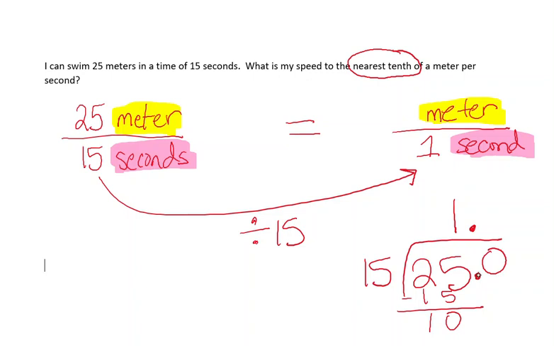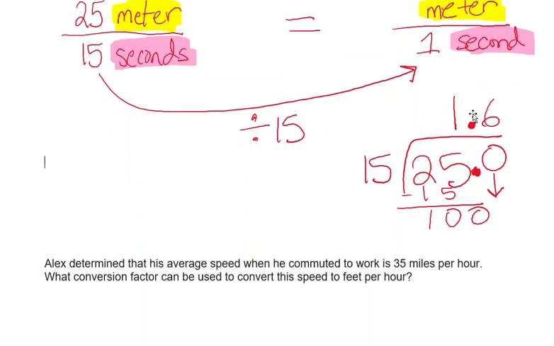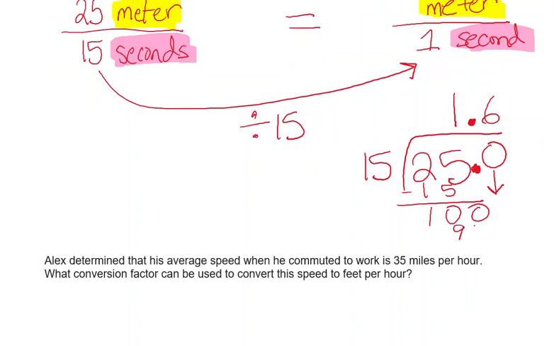So I'm going to add a decimal in both my quotient and my dividend, and then a 0 to bring down my 0. 15 divides into 100 6 times. 15 times 6 is 90. Subtract 10. Bring down another 0. I get 100 again. So I'm going to continue getting 6 each time.